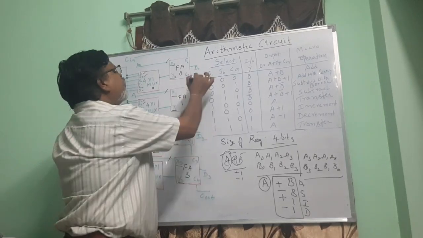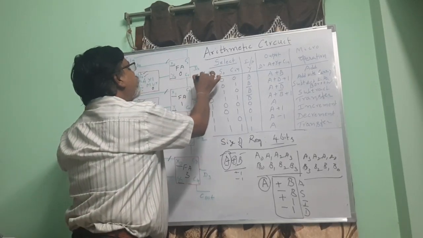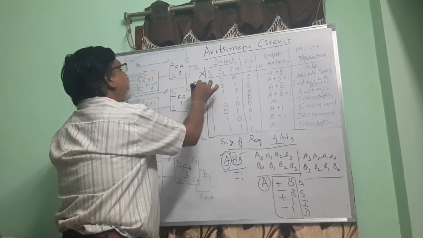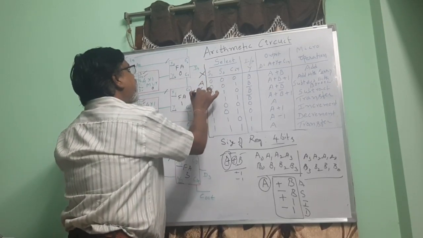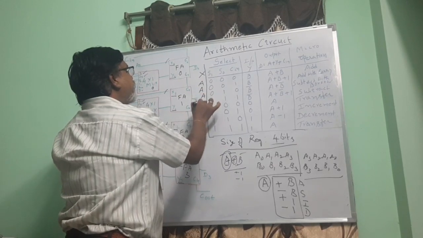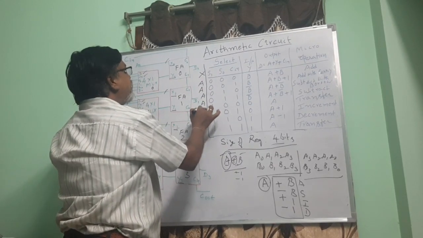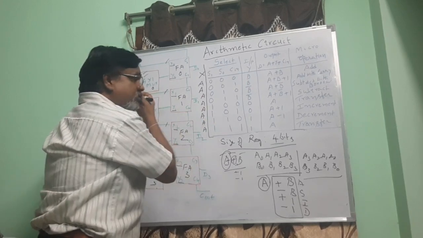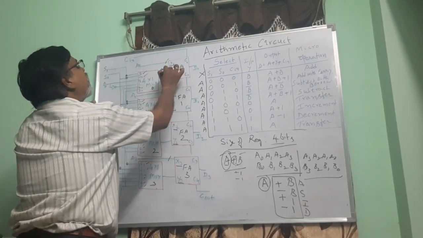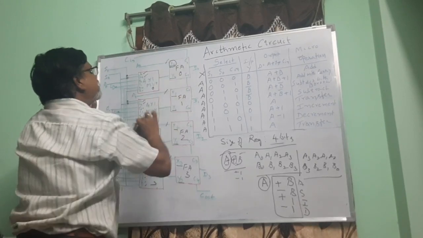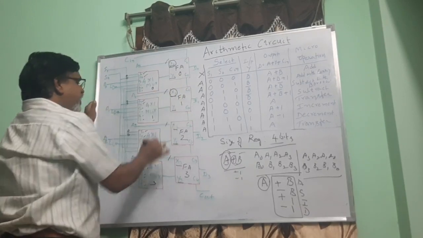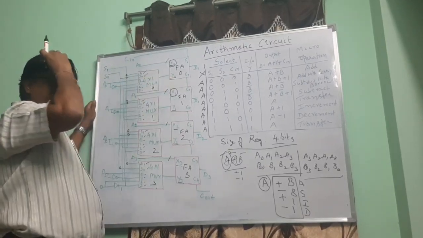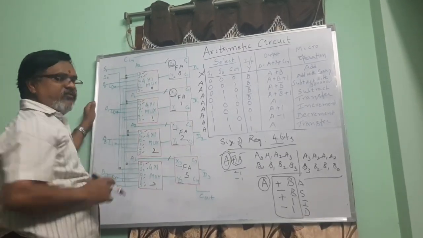So the input x is common, that is A, for all 4. So the input x is always A. Now there is a second input for every full adder.